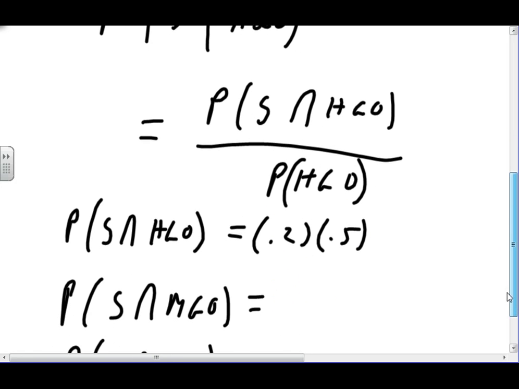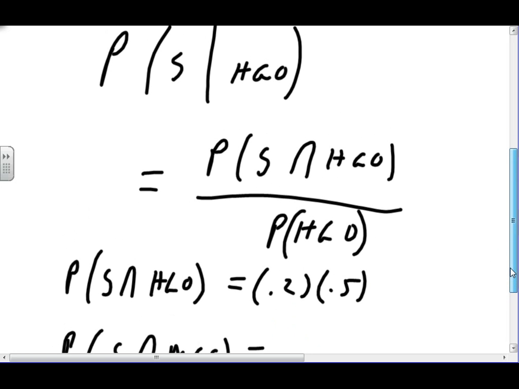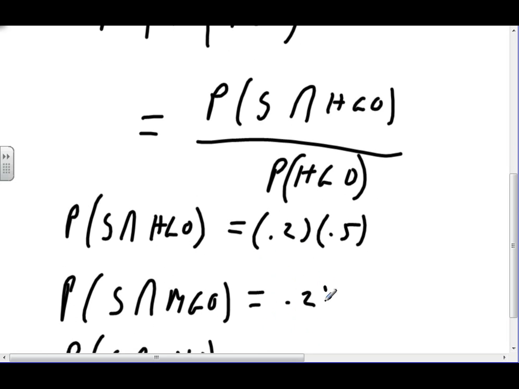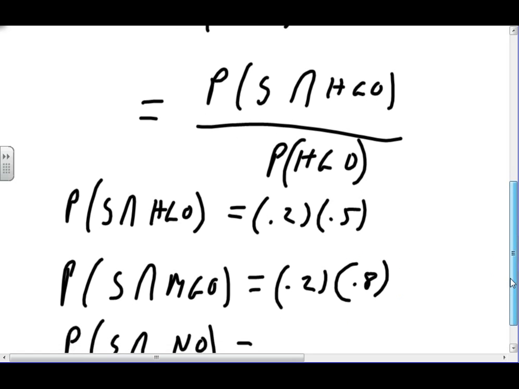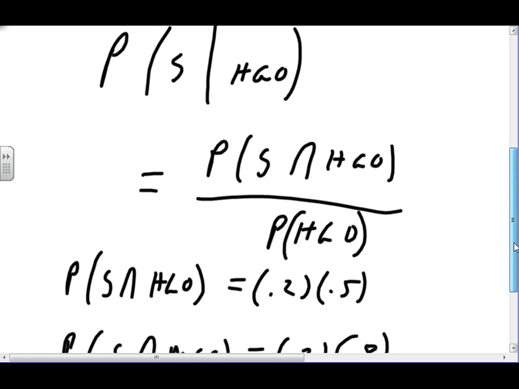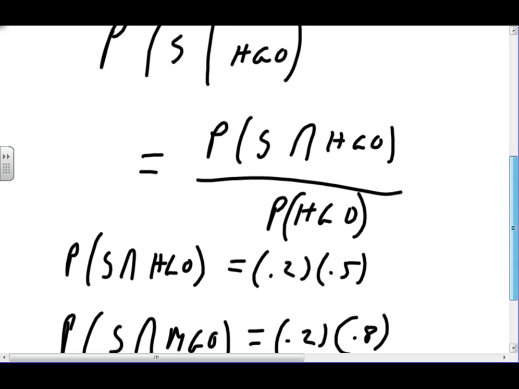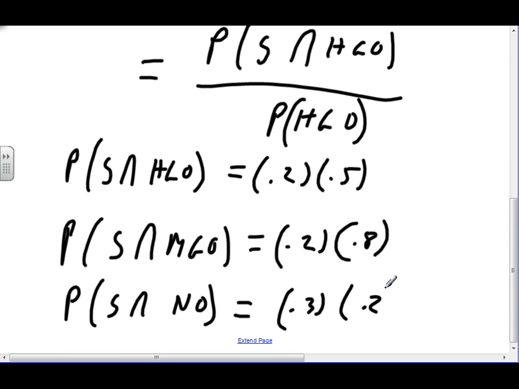The probability of medium-grade oil, 0.2 times 0.8. The probability of no oil, 0.3 times 0.2. And I think I turned those guys around.